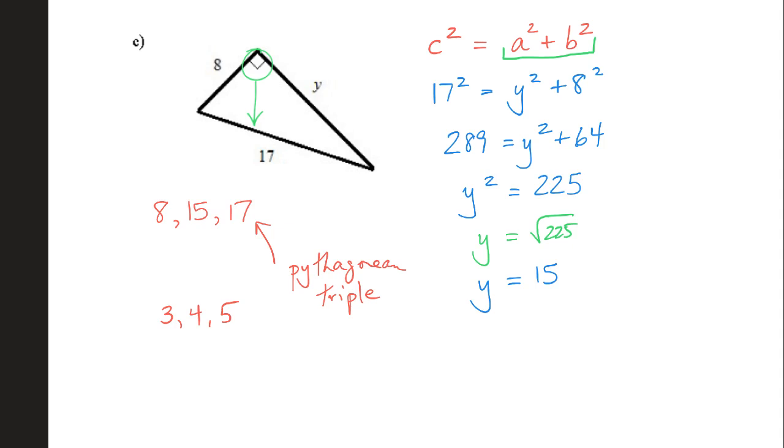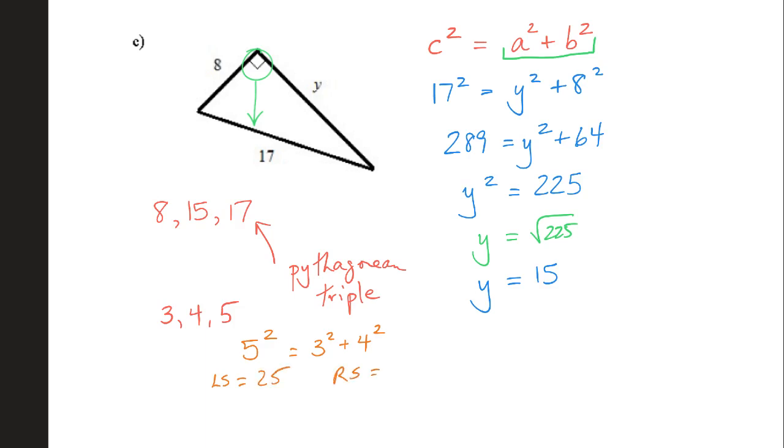If you know some Pythagorean triples and you have those in your back pocket, feel free to use those anytime. So I'm going to do a little check. Notice that 3, 4, 5 is a Pythagorean triple because the longest or largest value squared is equal to the sum of the squares of the two smaller values. We do a little check. That left side says 5 squared, that's 25.